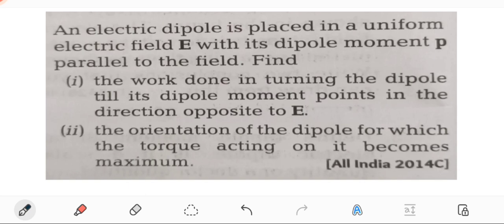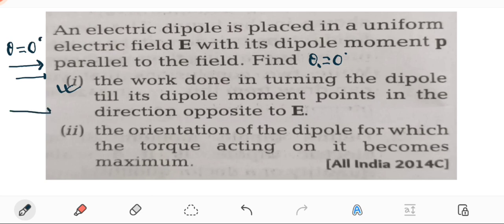A dipole moment is placed in a uniform electric field E with the dipole moment P parallel to the field. Parallel to the field means theta is equal to 0 degree. Now the first part of the question asks for the work done in turning the dipole till its dipole moment points in the direction opposite to E. Opposite means if initially it was in this direction, let us consider theta 1, we have considered it as theta equal to 0 degree.